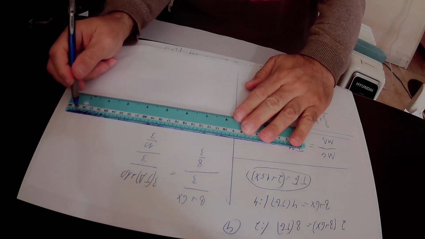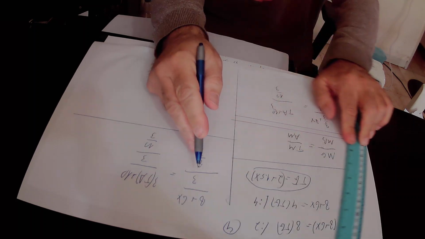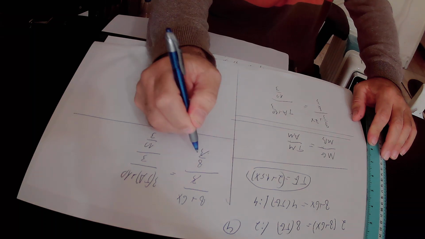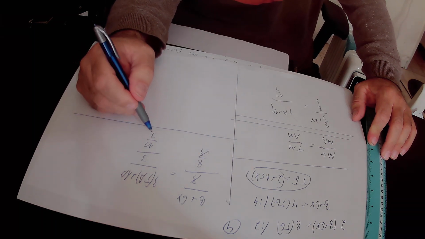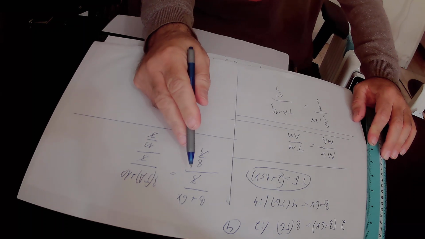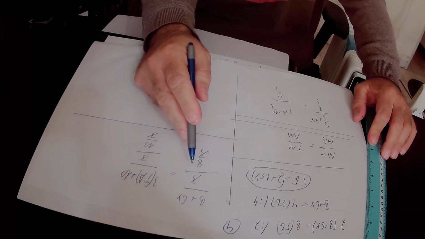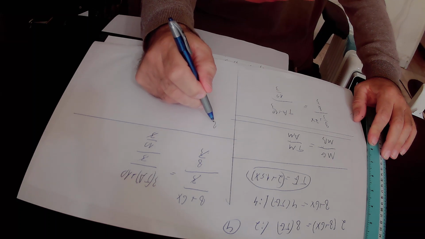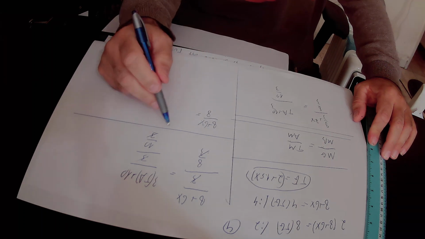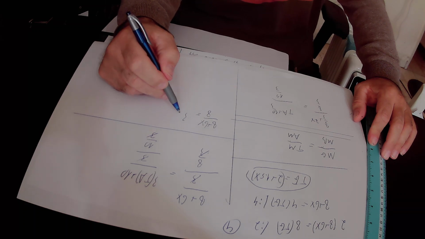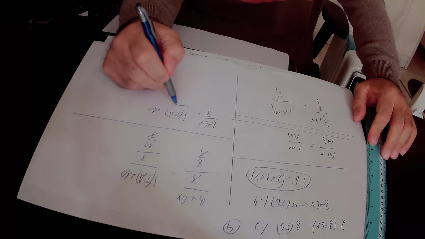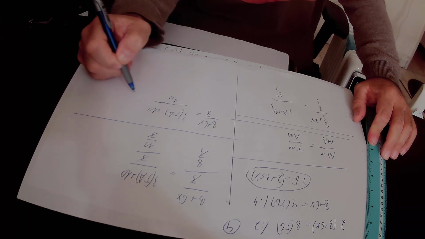On this side of the equation we have 3 in the numerator and 3 in the denominator, so 3 will get cancelled. On the other side we also have 3 in the numerator and 3 in the denominator, so 3 also will get cancelled. So this side of the equation is left only with 8 plus 6x over 8, that is equal to, on the other side, 3TA plus 10 over 10.